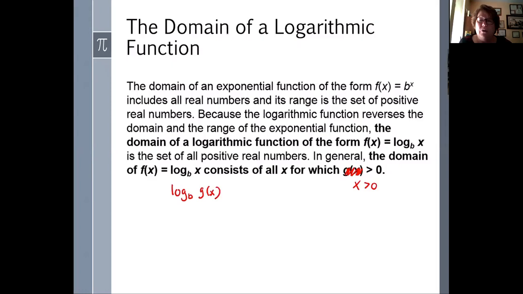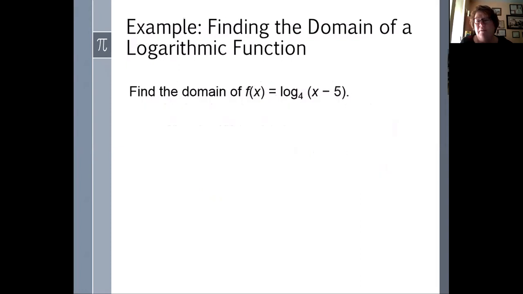And we can use that to find the domain of a logarithmic function. So what's the domain of f of x equals the log base 4 of x minus 5? Well, this is the logarithmic function, base 4, that's been shifted to the right 5 units.